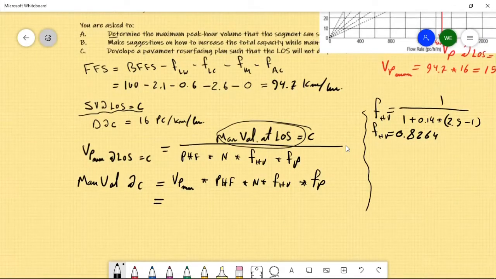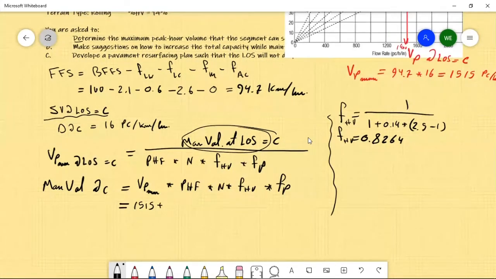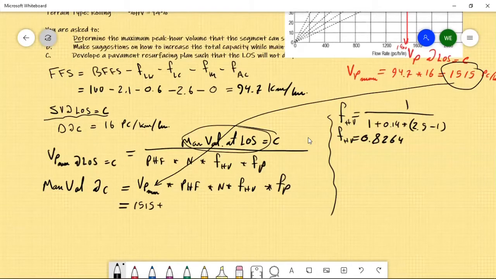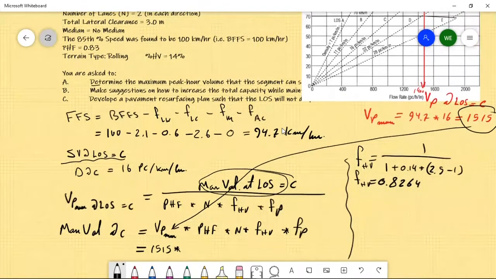The VP max will be 1500.15, that's the one that we got here, multiplied by the peak hour factor, which I think was 0.83.